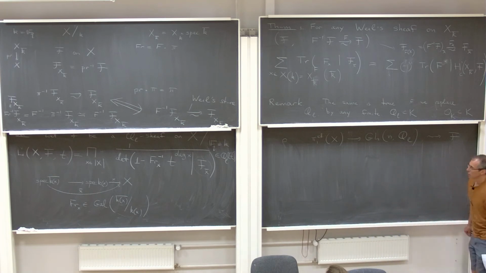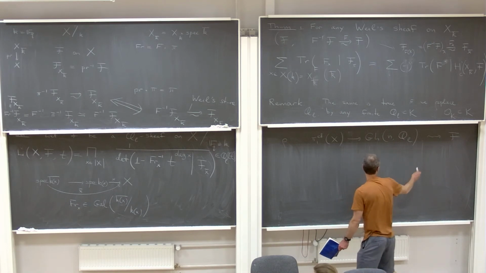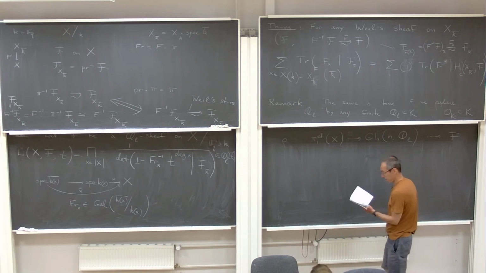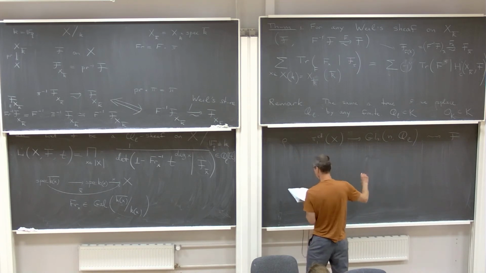Very good. So in this case, we have F, and so we get a local system.